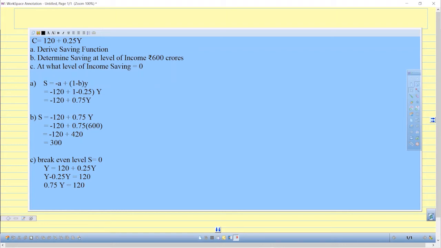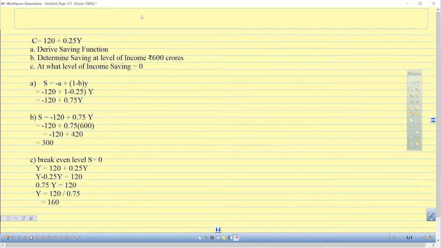So find out how much is Y. Y is equal to 120 divided by 0.75. So the answer will be 160. This is the solution for question number 3. I hope it's clear. We'll move on to the next question.